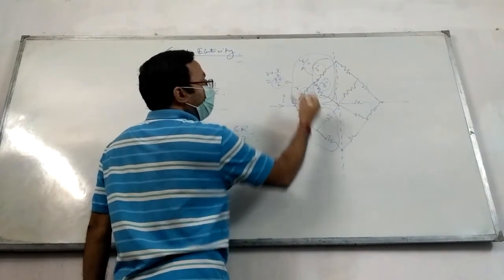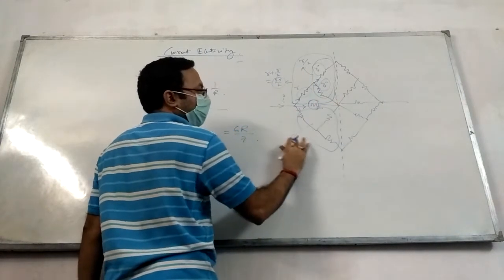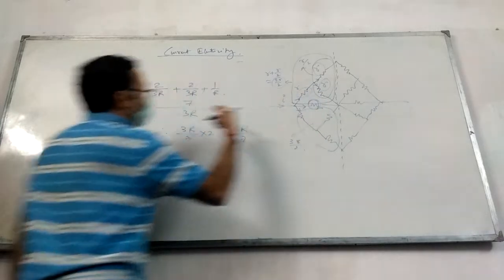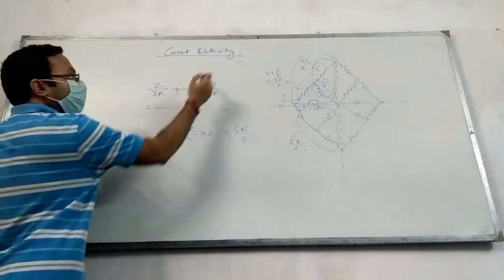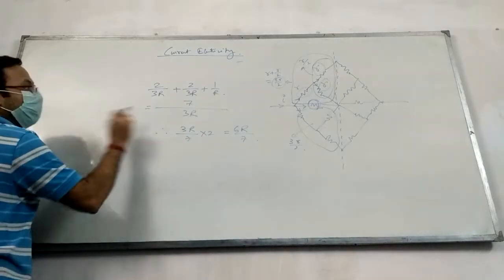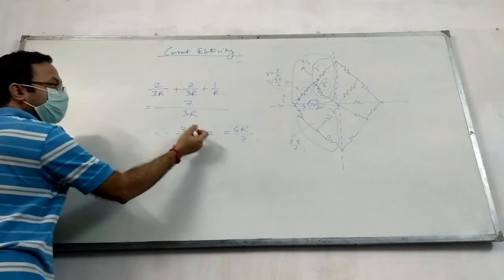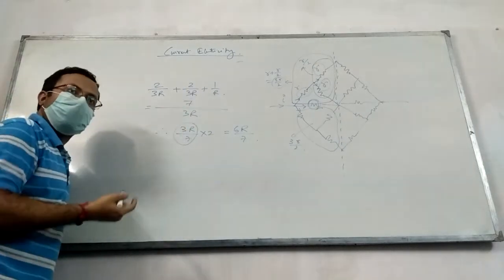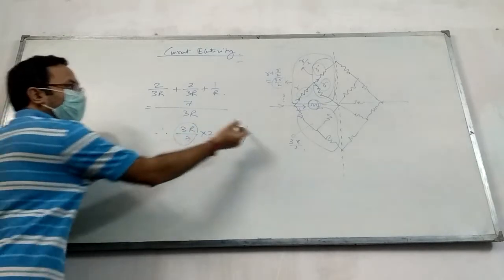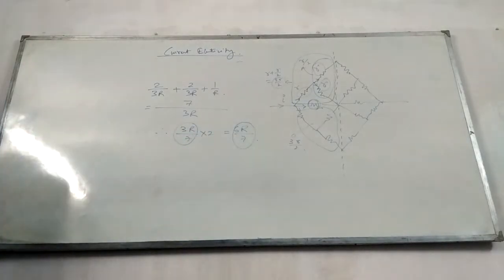Now this 3R/2, this 3R/2 and one small R left in the middle are in parallel connection, so 2/3R plus 1/R becomes 7/3R. That is the equivalent resistance of one arm, 3R/2, the other arm will also be 3R/2, into 2. Final answer is 6R/7. Is that clear?